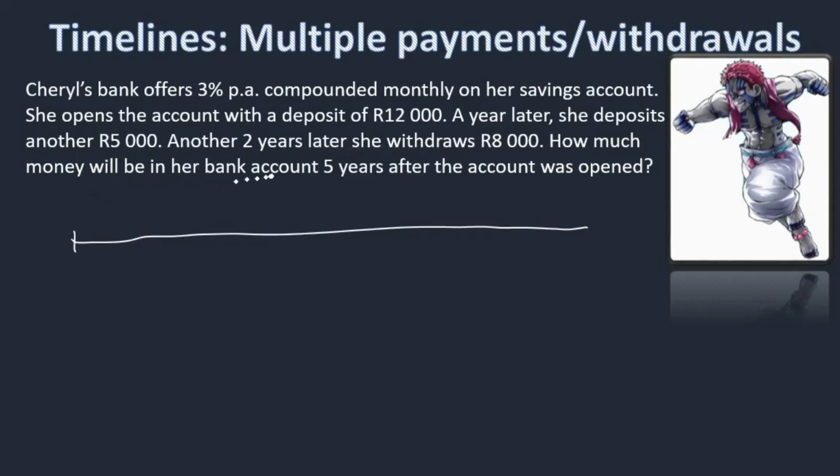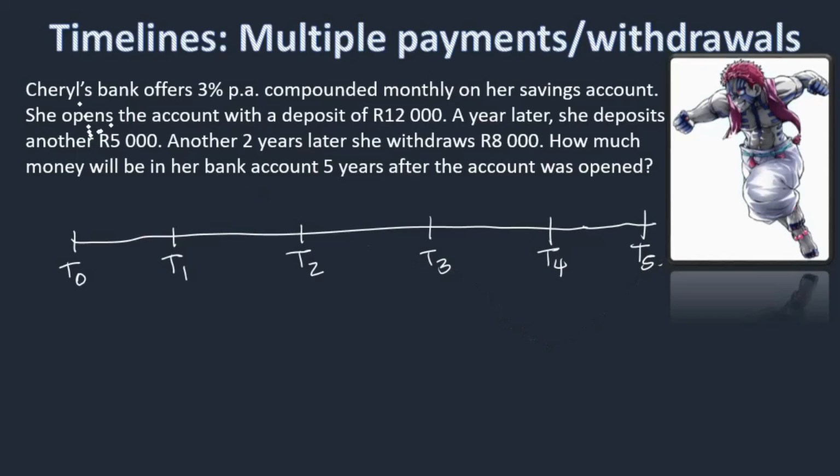How much will be after 5 years? So it's 5 years: 1, 2, 3, 4, 5. So the beginning of year number 1, end of year number 1, end of year number 2, end of year number 3, end of year number 4, end of year number 5.